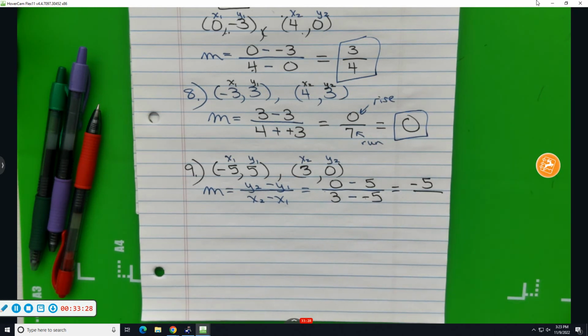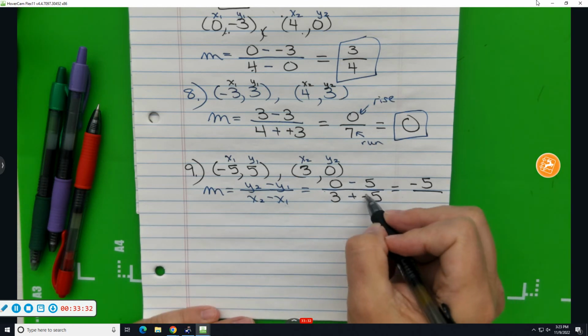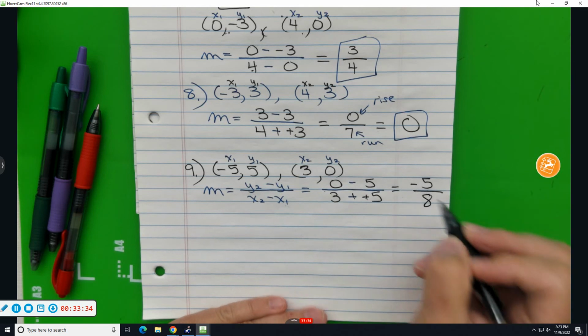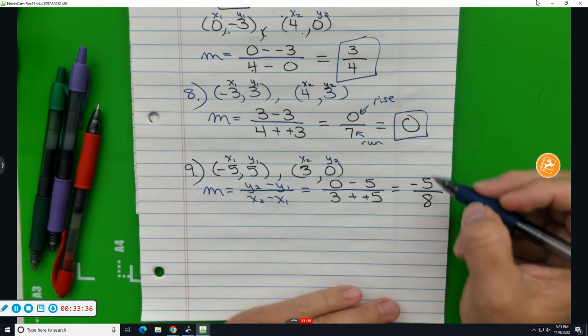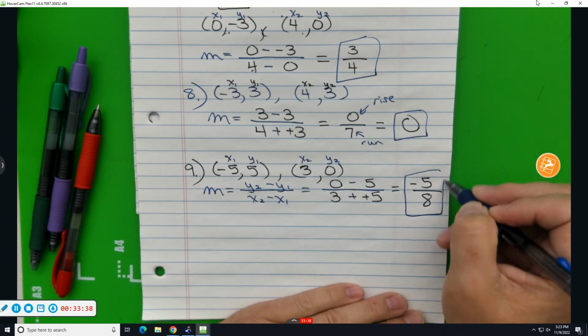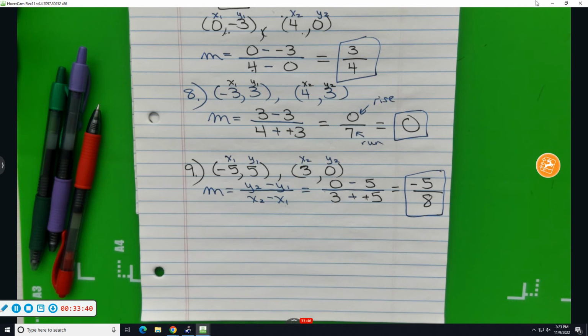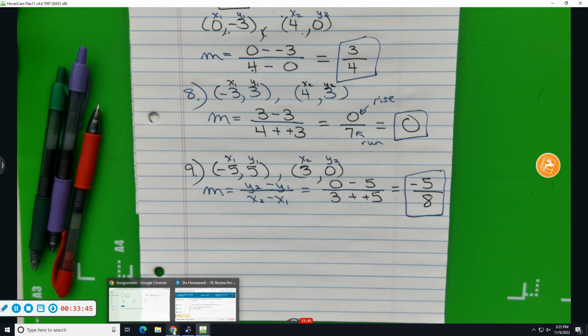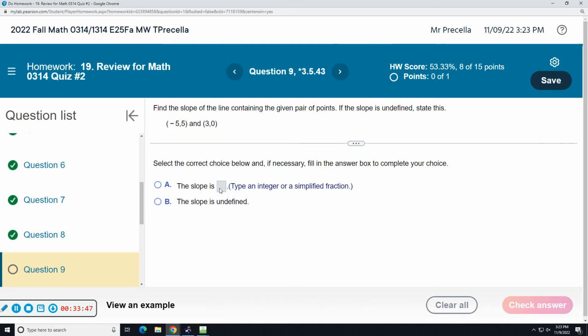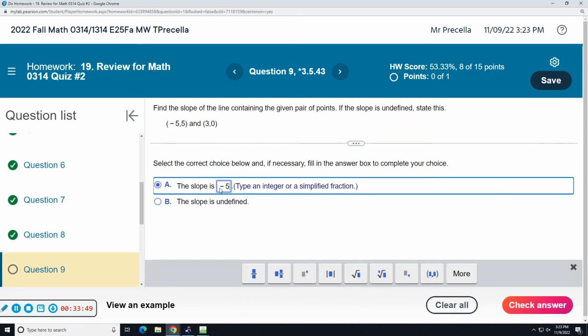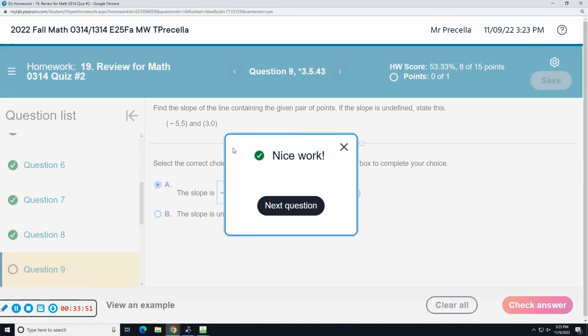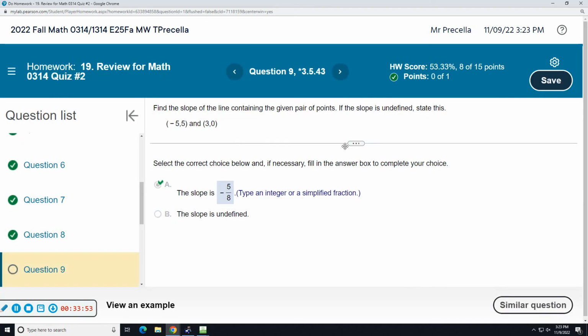What are we getting for the denominator? 3 minus a -5, 3 plus 5, I agree with 8. For a final answer of -5/8. We come over here and we type in a -5/8. Any questions there?